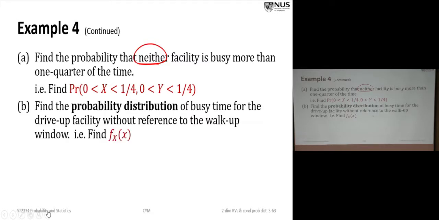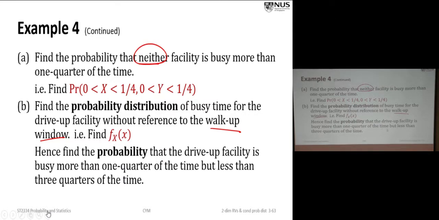Then find the probability distribution of X without reference to the walk-up time, what happened to the walk-up window. In other words, we don't care about that, so we just look at f of x.